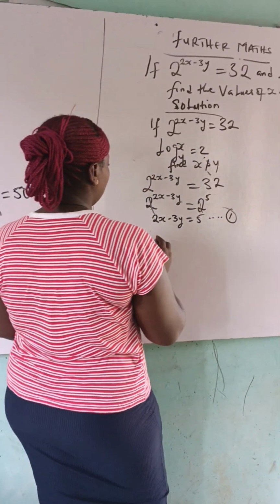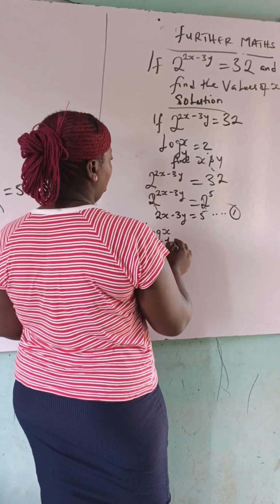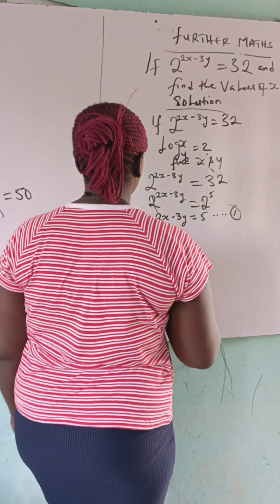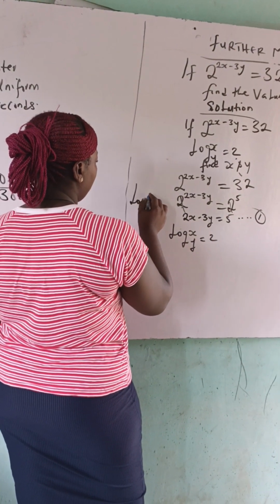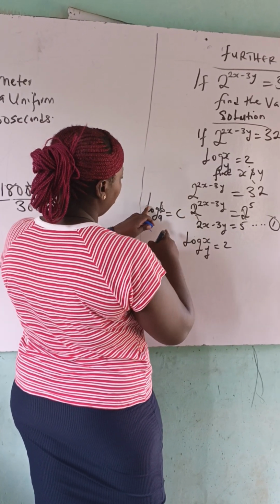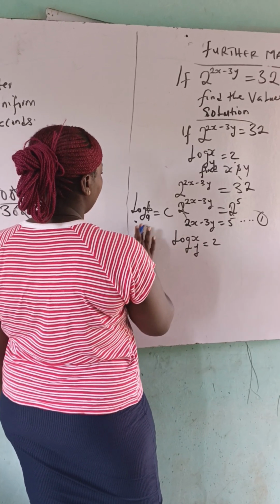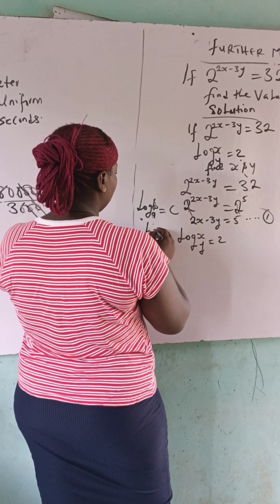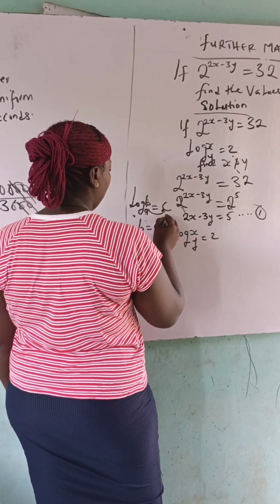Now for the second one, it says log x base y is equal to 2. According to the law of logarithm, log b base a is equal to c is the same as b is equal to a to the power of c.